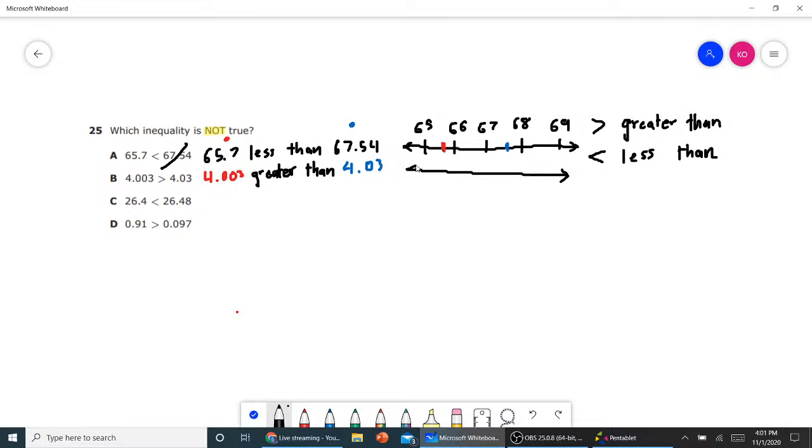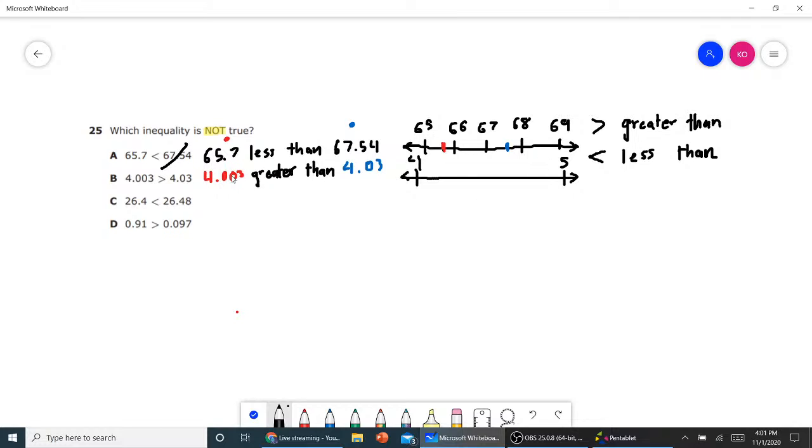So let's draw another number line. Actually make this number line a little bit lower than the first one. And let's have 4 right here and 5 right here. Or you know what we can do actually?